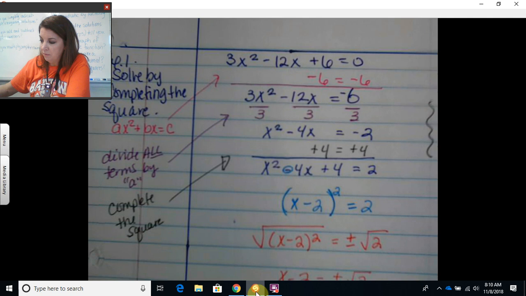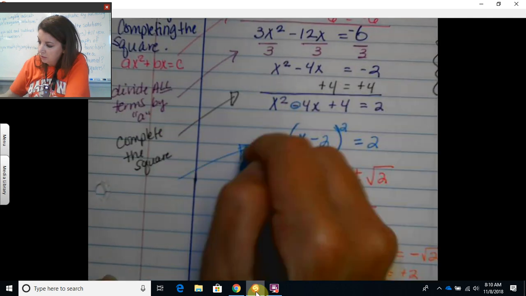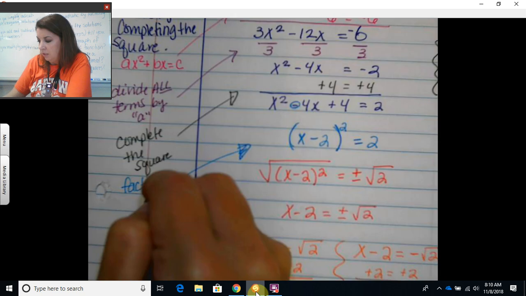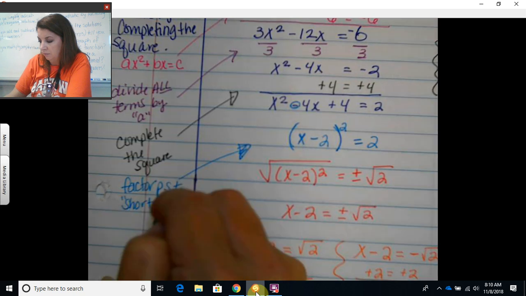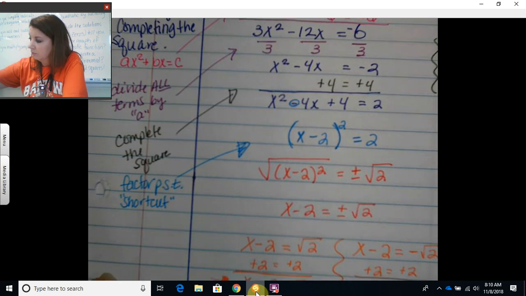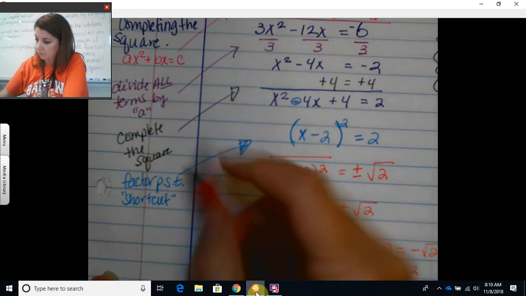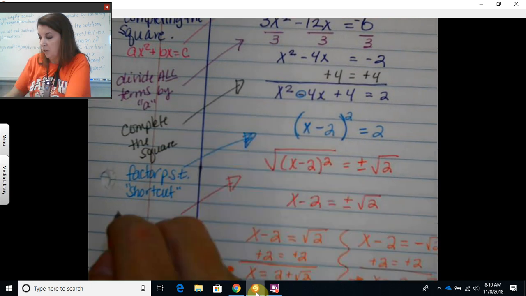But since I did that, I'm making arrows. Factor the PST, shortcut. Square root both sides.